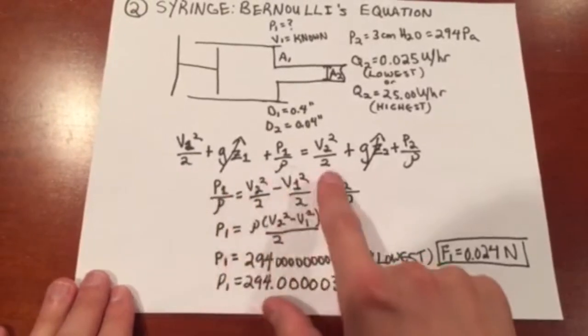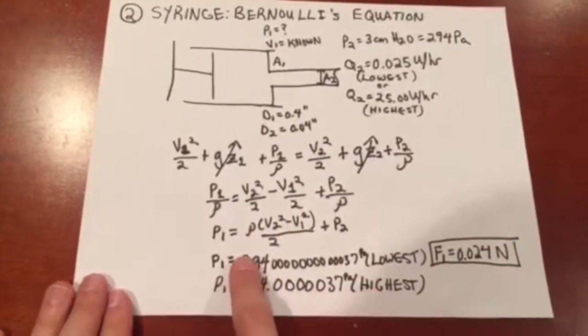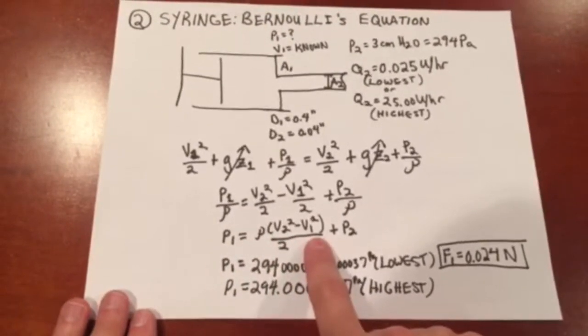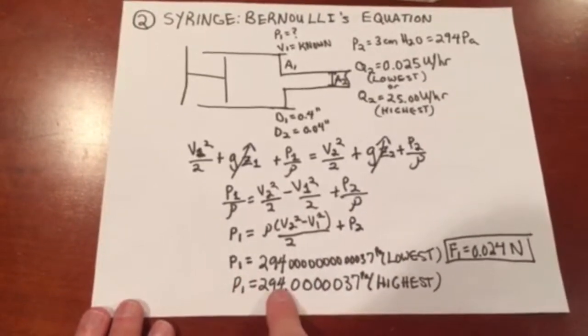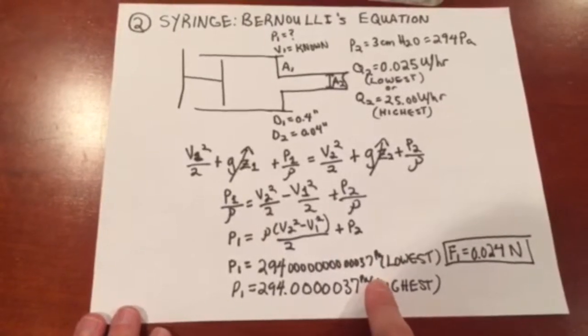Knowing V1, V2, and P2, we can rearrange the equation to calculate P1. Because of the very insignificant difference between V1 and V2, P1 is very similar to what the subcutaneous pressure was found to be in literature.